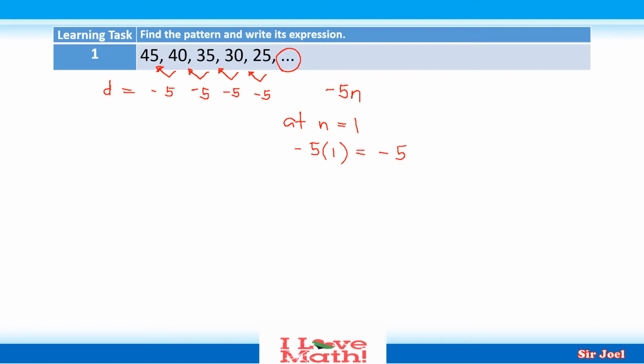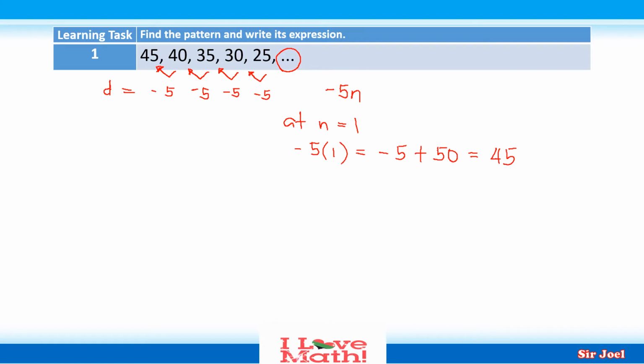Okay? Paano magiging 45? Kinakailangan magdagdag tayo ng ilan? Okay, dagdag dapat tayo dito ng plus 50 para siya ay maging 45.